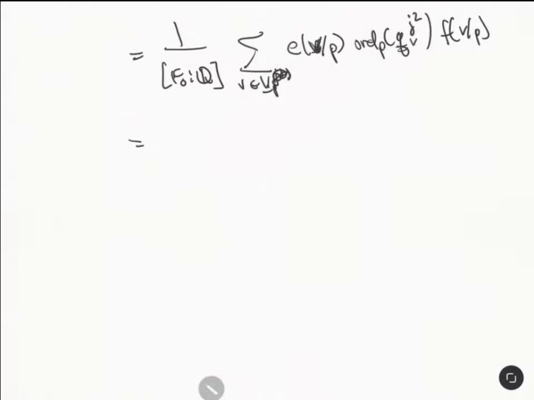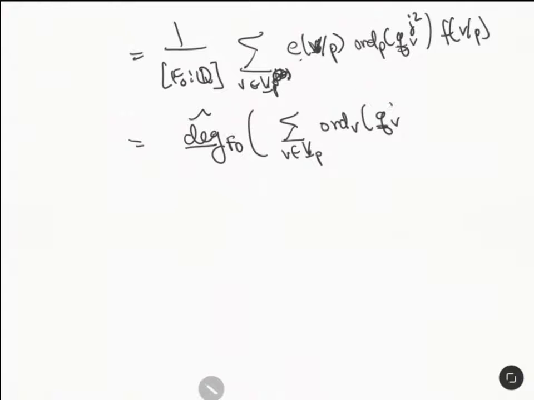So this allows us to convert to the normalized Arakelov degree, and this allows us to convert to the order at v of q double underline v to the j squared here, and then this is just the degree of this place.